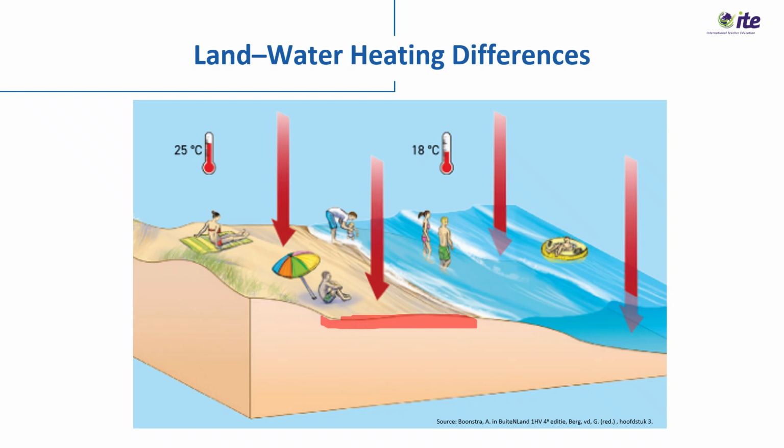Whereas in the water, it has to heat this whole mass of water from the bottom up until the complete water body is warmed up. That takes a lot of time. So in the summer, for example, the water is still colder than land, because this land heats up very quickly.